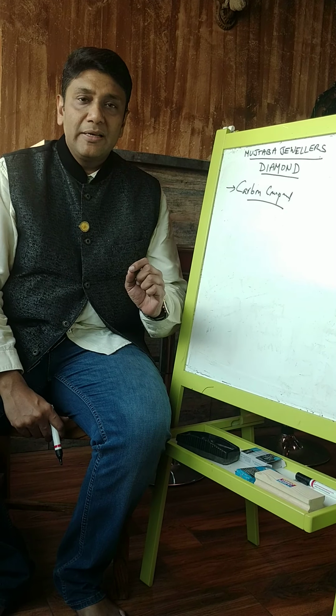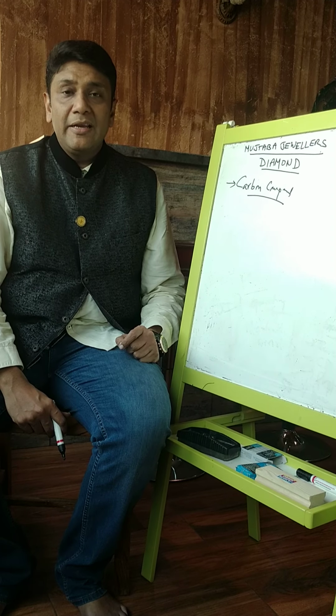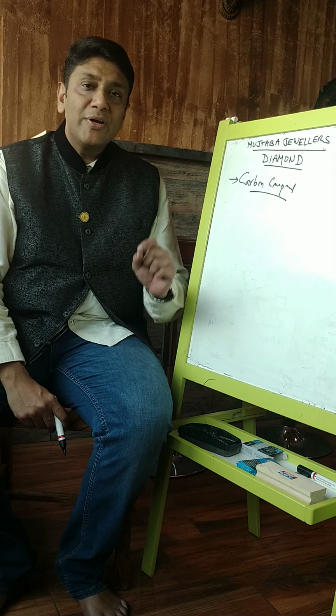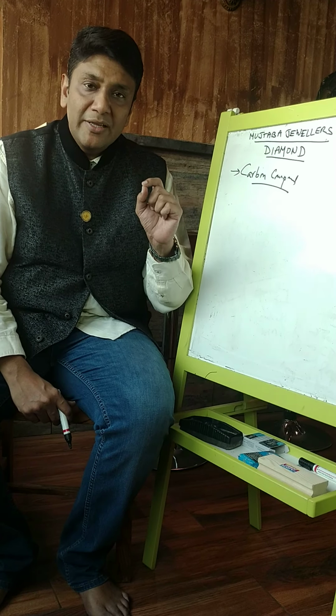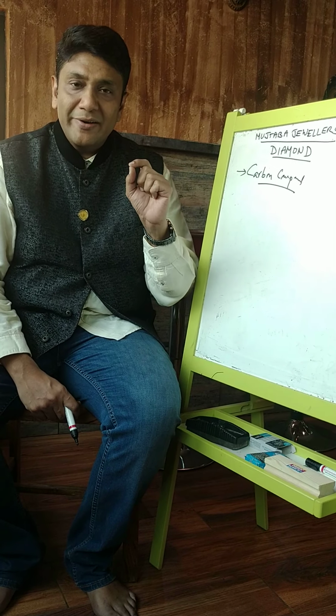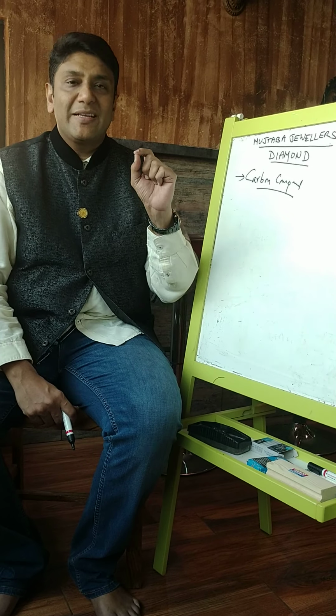On the Mohs scale, the hardness of diamond is 10, and it is a very rare compound. Due to its rarity and its special characteristics of hardness, diamond is considered very expensive.